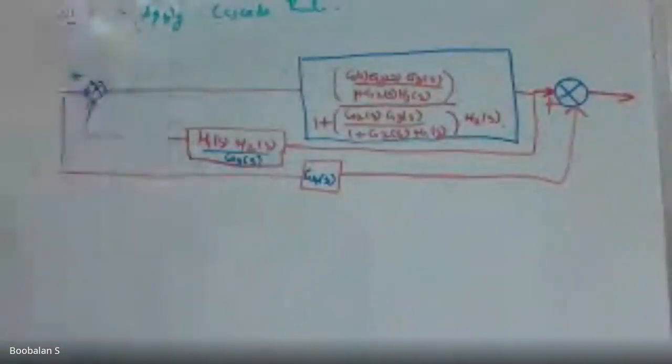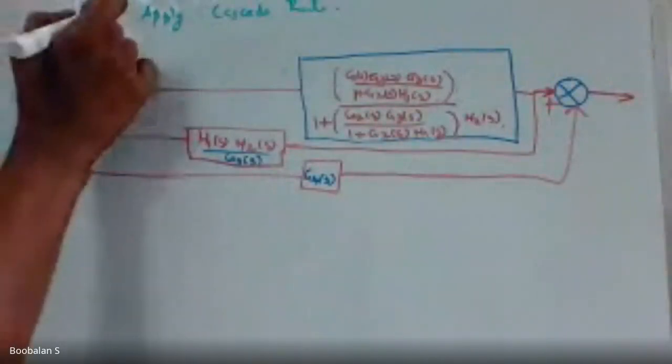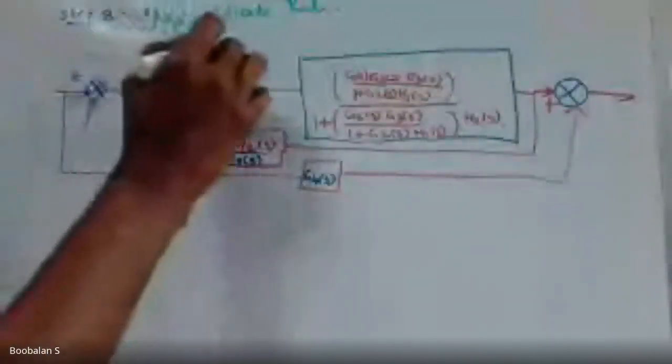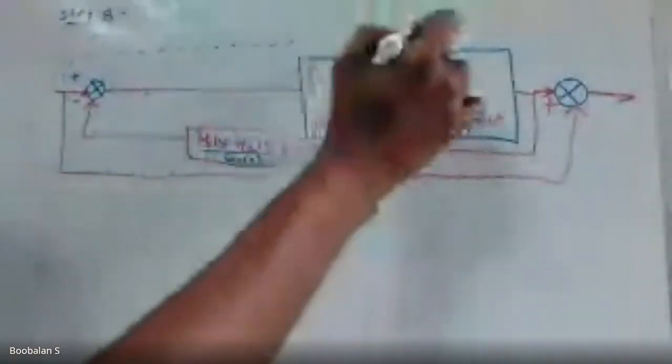Step number 8. Next step. Make it fast. Step by step and it will be very easy. Apply cascade tool. Then step 8: apply elimination rule.